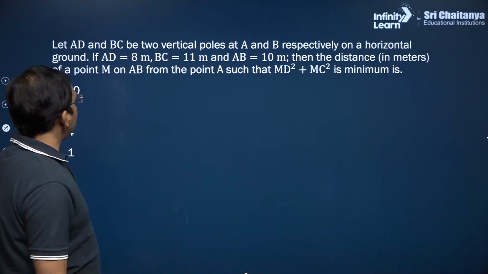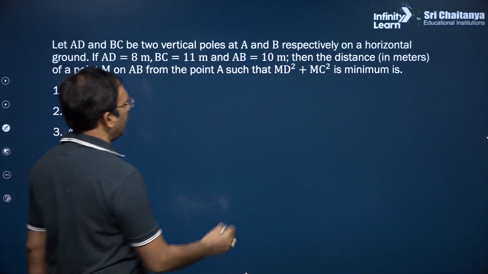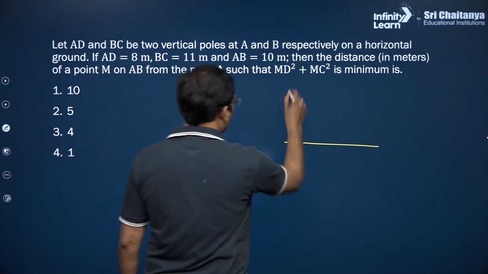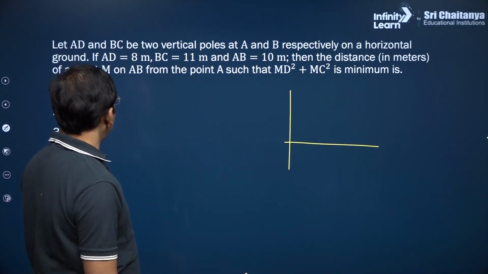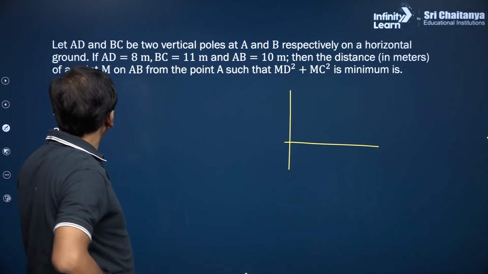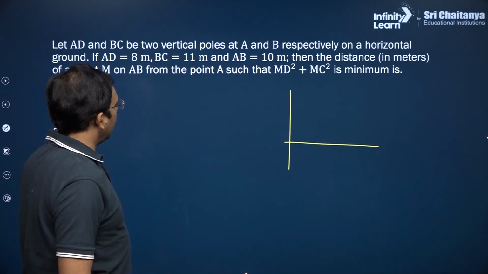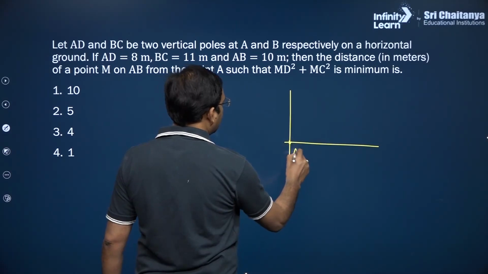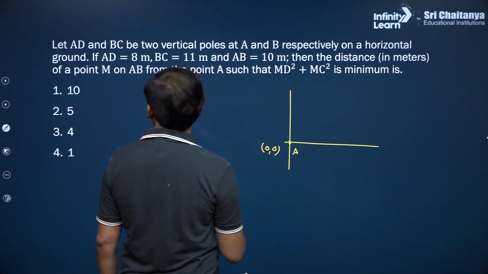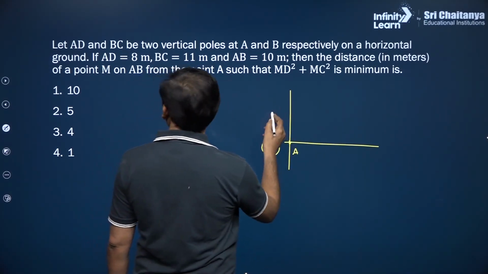Next, AD, BC are two vertical poles at A and B respectively, on a horizontal ground. AD is 8, and BC is 11, given AB is equal to 10. Friends, you just take A at origin, AD is a pole, right.